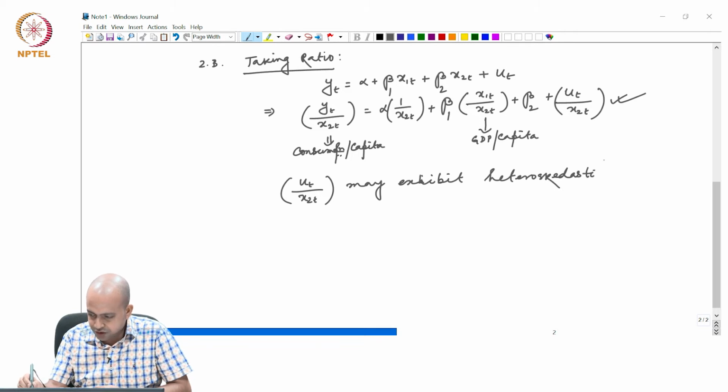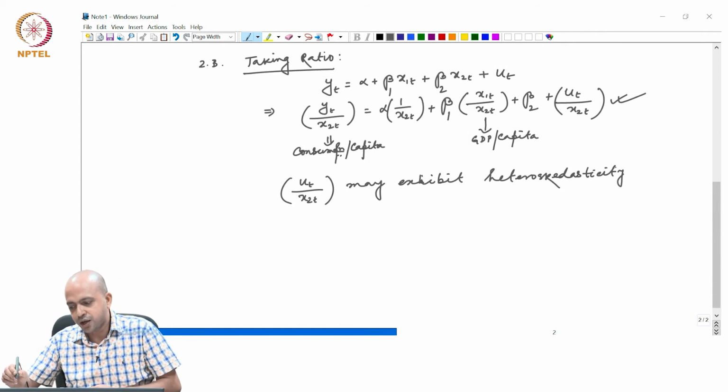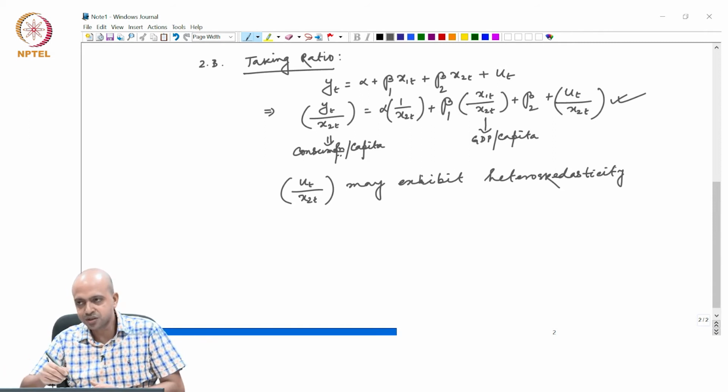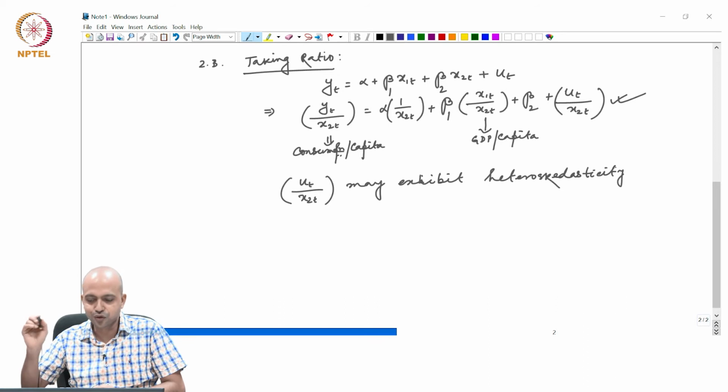We have not yet discussed heteroscedasticity, but for the time being just remember this means that error variance is not constant.